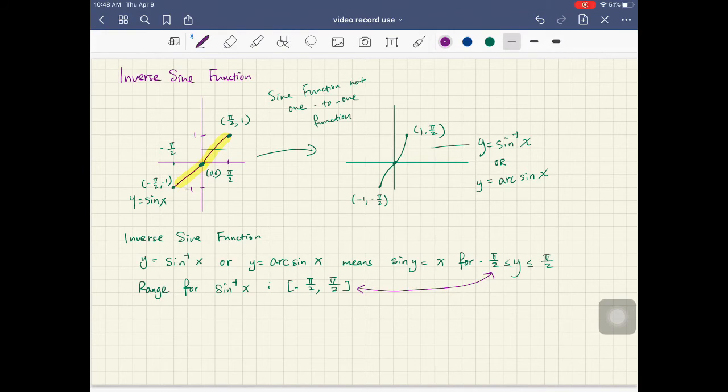The domain for the inverse function is going to be between -1 to 1.